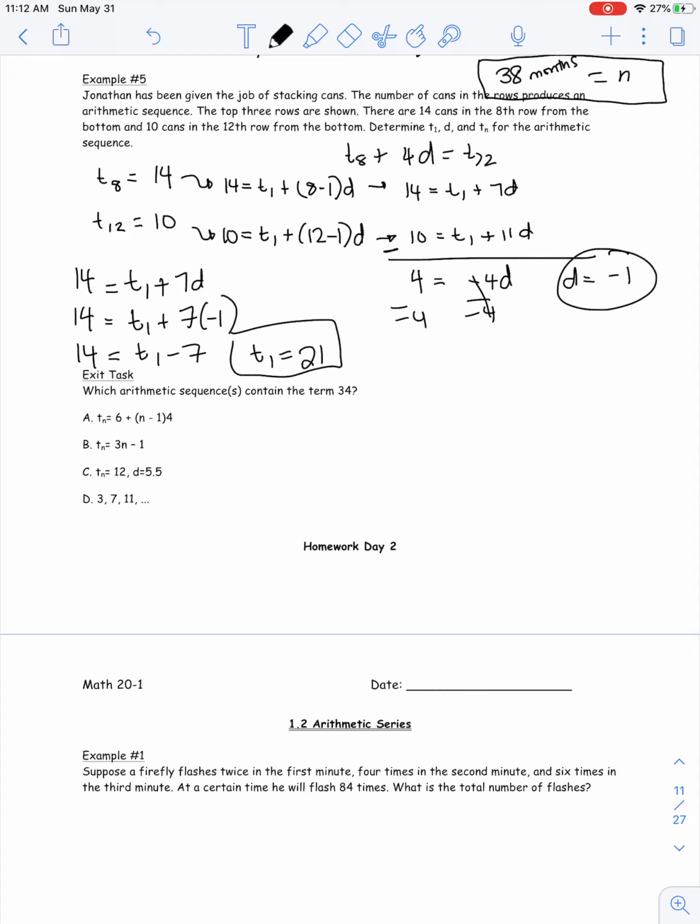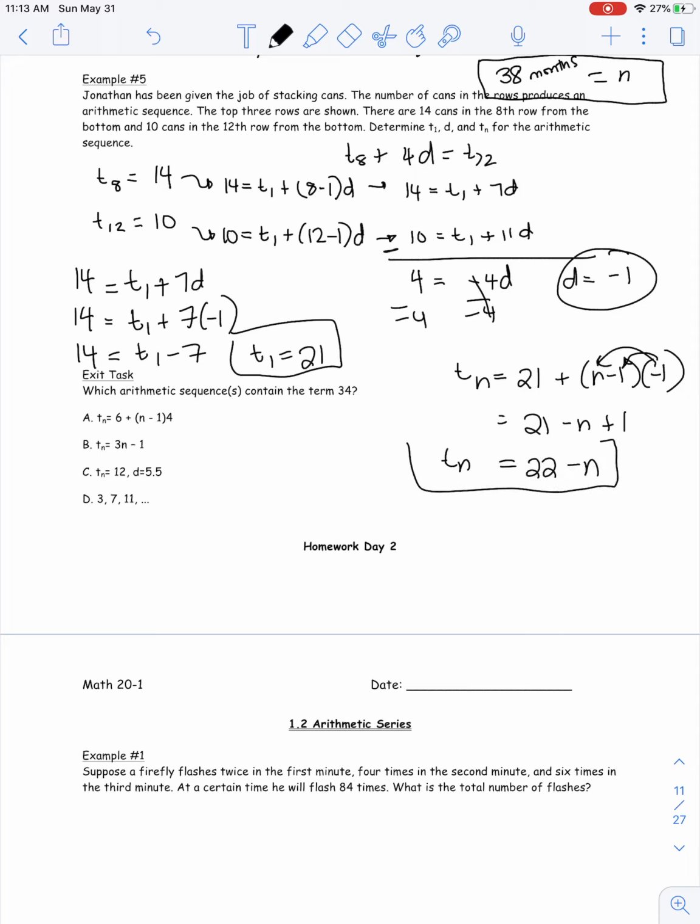So far I found my common difference, my first term, and the general term equation that I would use would be 21 plus n minus 1 times -1. Simplify this. Distribute the -1 into the brackets. You get -n plus 1, which means that 21 plus 1 is 22 minus n. This is your general term equation, where you could replace n and then solve very easily for tn.